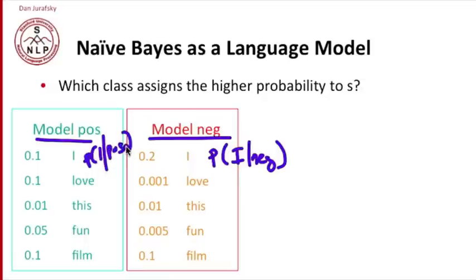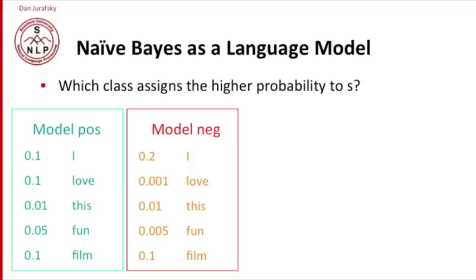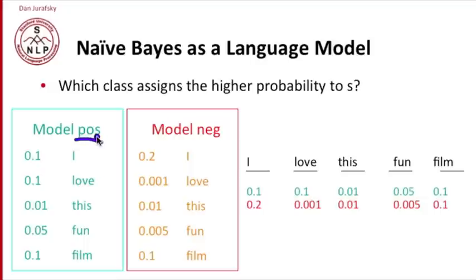I guess people are more likely to use the word I when they don't like something. And now, if we take a particular sentence, I love this fun film, what's the probability of this sequence according to our first model? And what's the probability according to our second model?